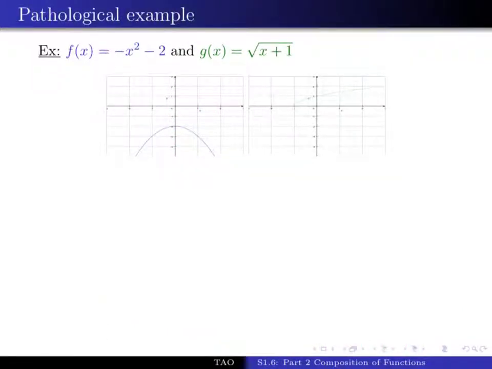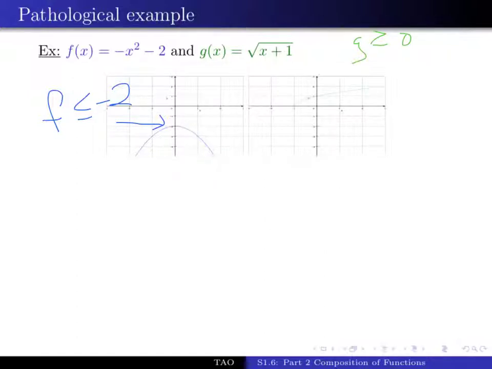So here we're going to take a quadratic input, f of x equals negative x squared minus 2. This thing is less than or equal to negative 2 everywhere. We don't have any outputs that are above negative 2. Now g of x is certainly going to be greater than or equal to 0 because the square root is defined as positive.